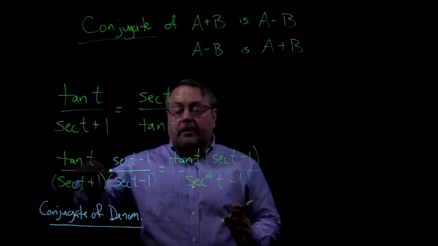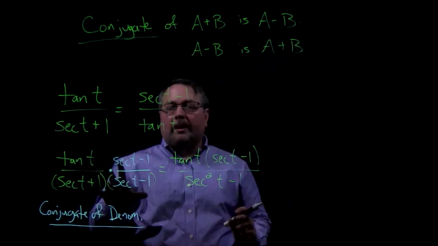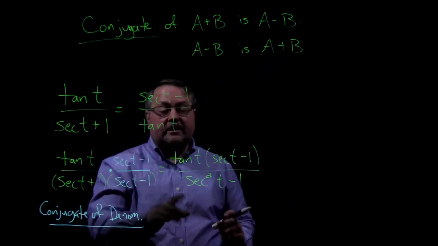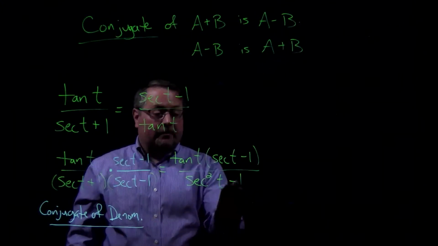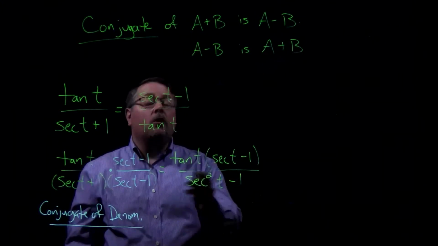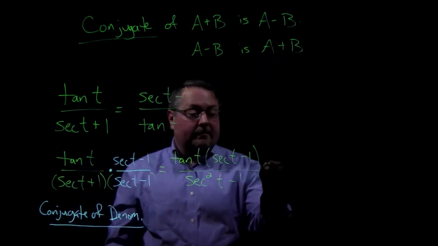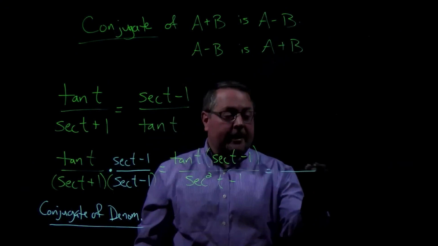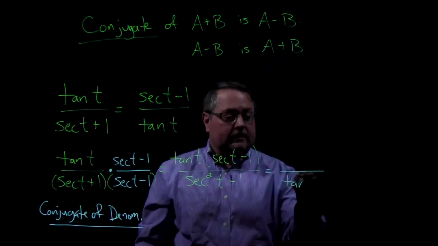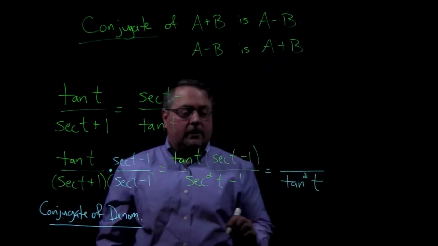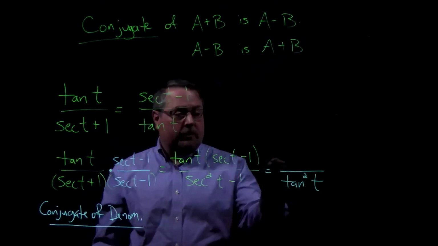Now this is one of the reasons why multiplying by conjugates works in a lot of cases. Notice what we have now is something involving secant squared t. Whenever you have a trig function squared, you want to think Pythagorean identity. And if we use Pythagorean identity, secant squared minus 1 is tangent squared.